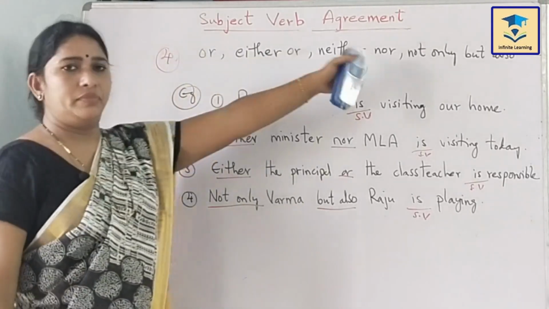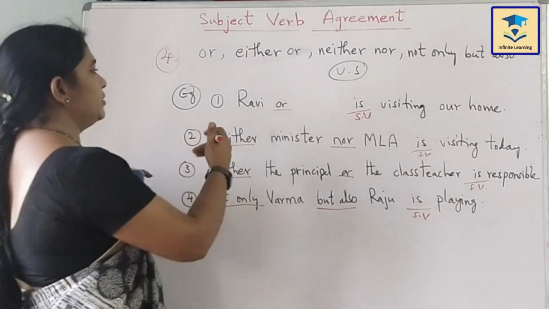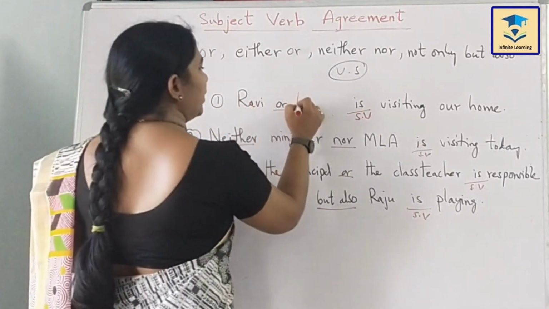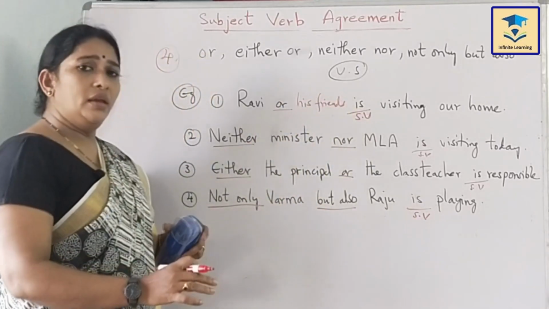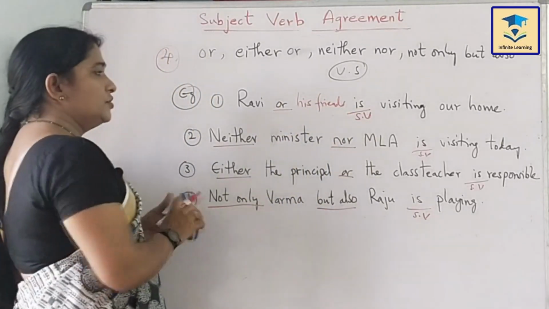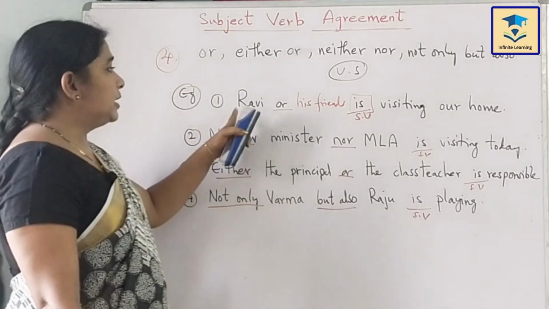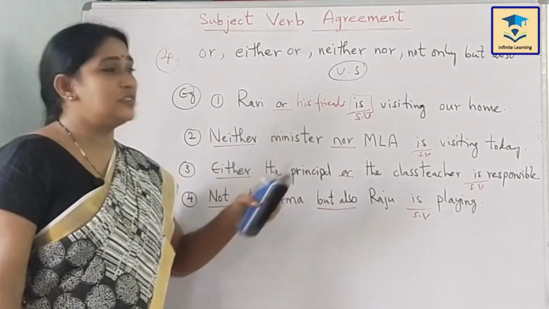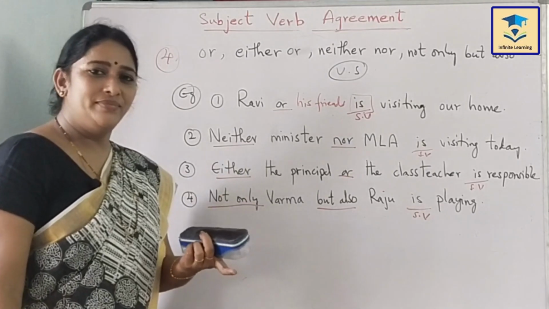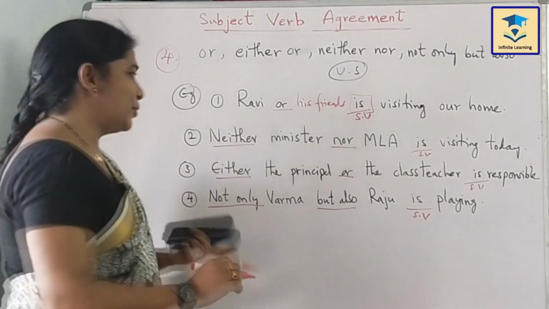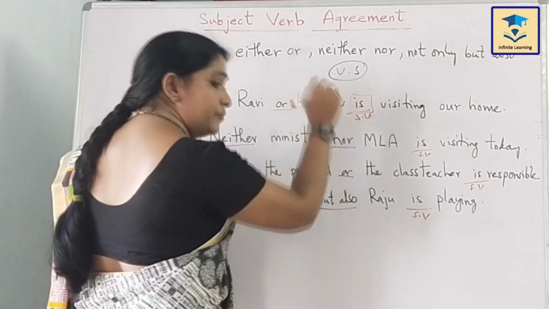It's the same with those only. But one is singular and the other is plural. How do you have to write this? Ravi or his friends. So, what verb do you get here? Ravi or his friends is visiting our home, or are visiting our home. See now, you should consider the subject which is nearer to the verb.